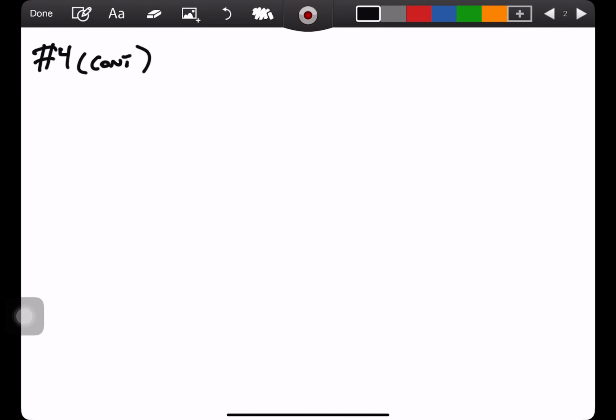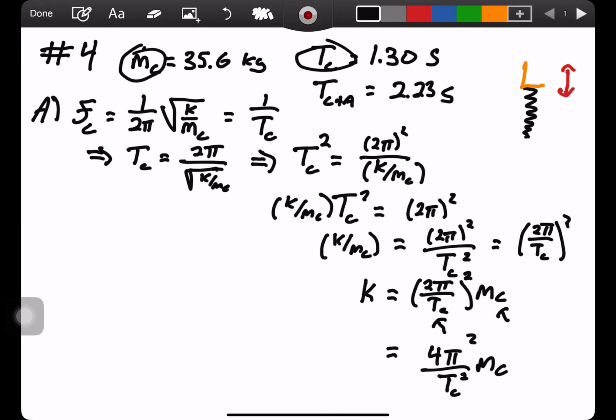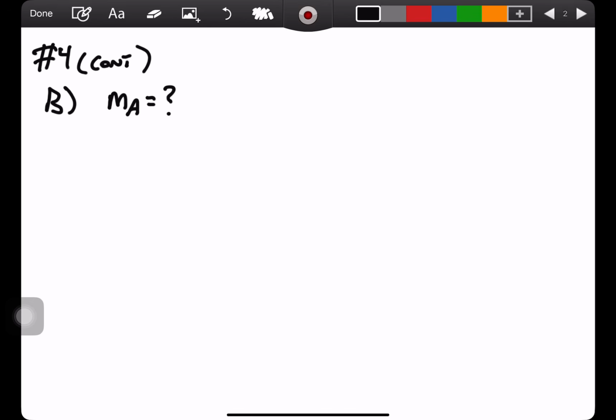The continuation of number 4 for part B, we ultimately are asked to solve for the mass of the astronaut. So what's going to happen, you can imagine that you have a chair oscillating on a spring.